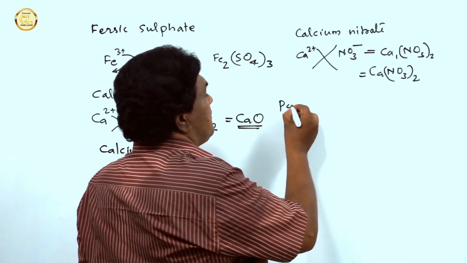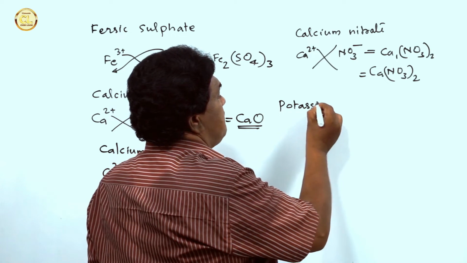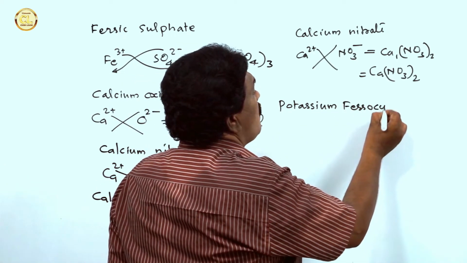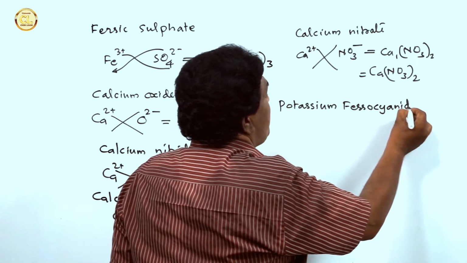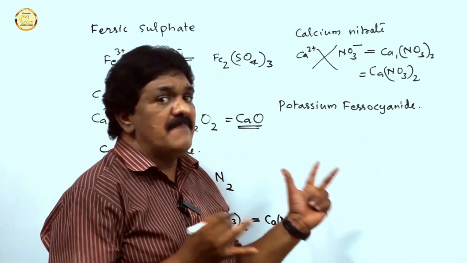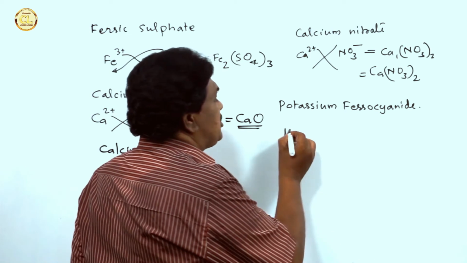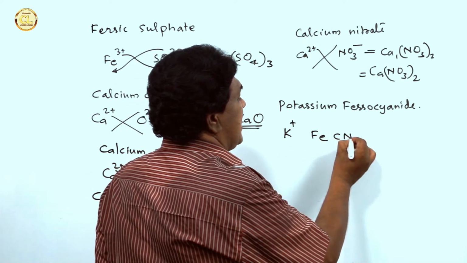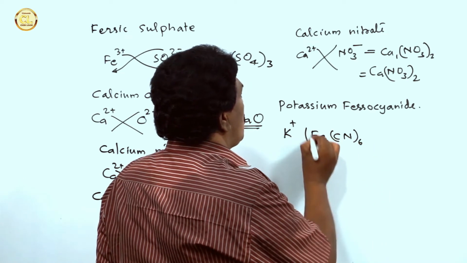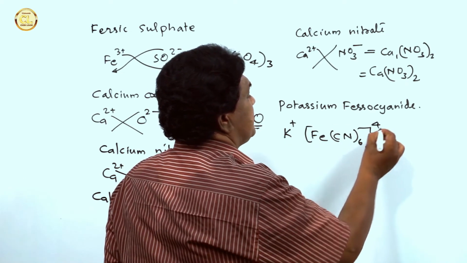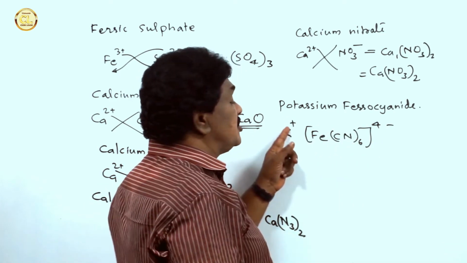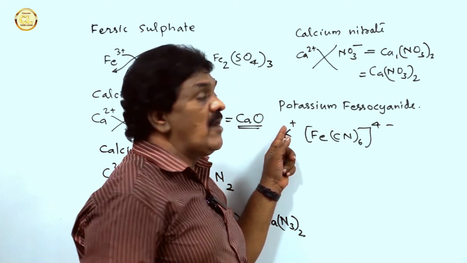Now potassium ferrocyanide. Potassium ferrocyanide, it's a complex. See, potassium is K+. Ferrocyanide is [Fe(CN)6]4-. See, the charge of ferrocyanide ion is 4 and the charge of K+ is 1.